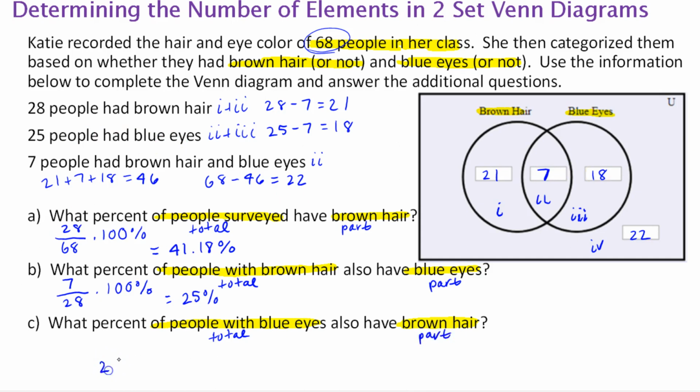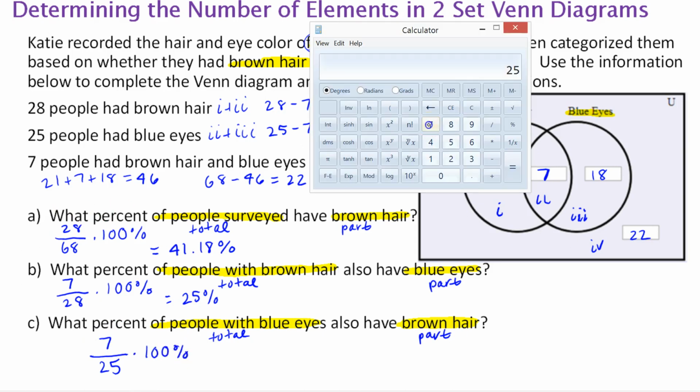So that's our denominator. And also have brown hair, the part, given that they already have blue eyes, would be the 7. So we have 7 out of 25. And we will divide 7 by 25 and multiply by 100 to get 28%.